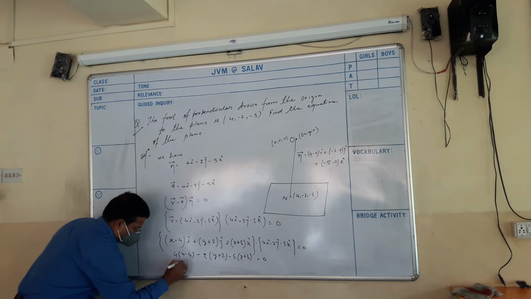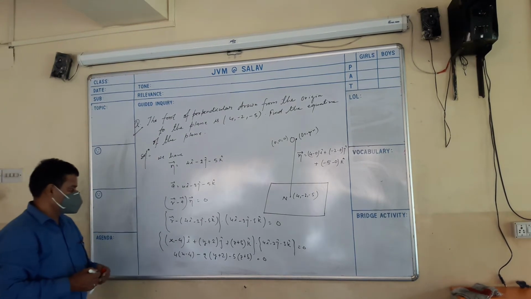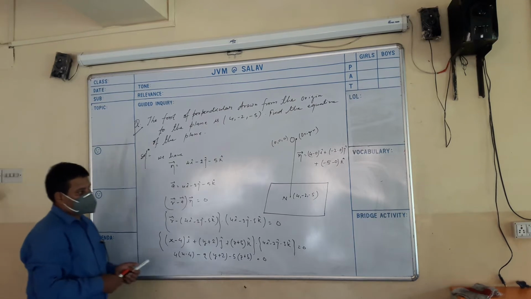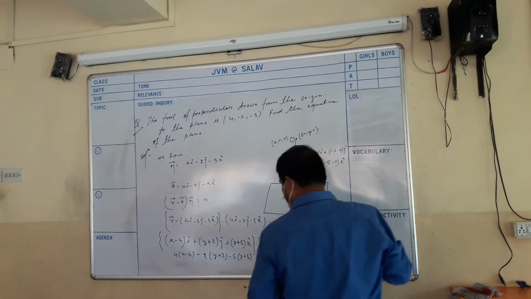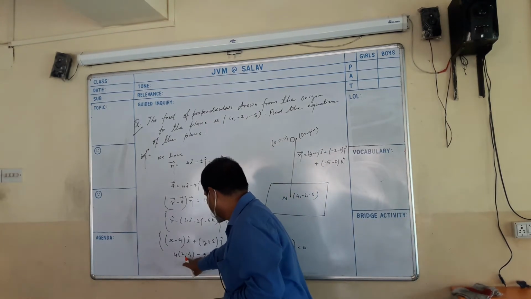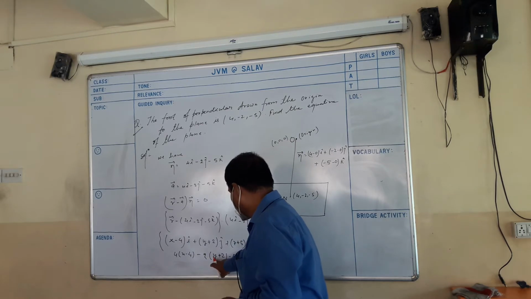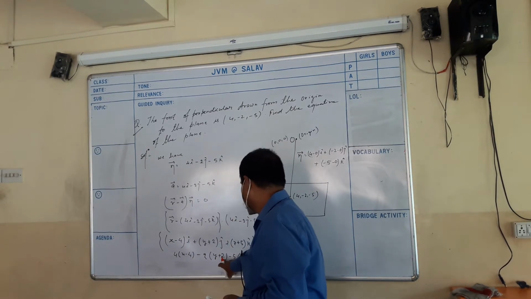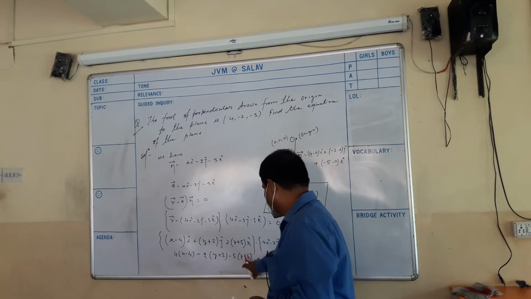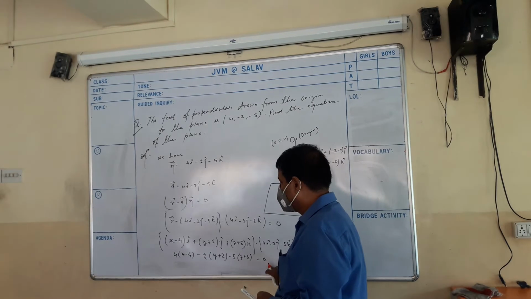Simplify this one. How much is it coming? 4x minus 16 minus 2y minus 4 minus 5z minus 25 equal to 0.